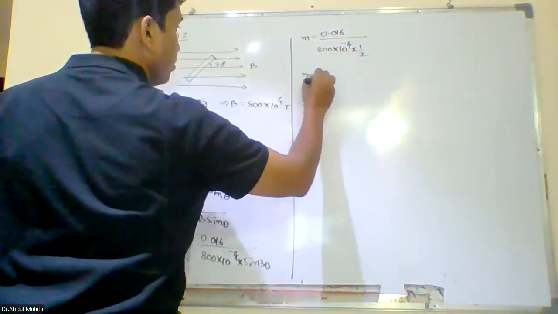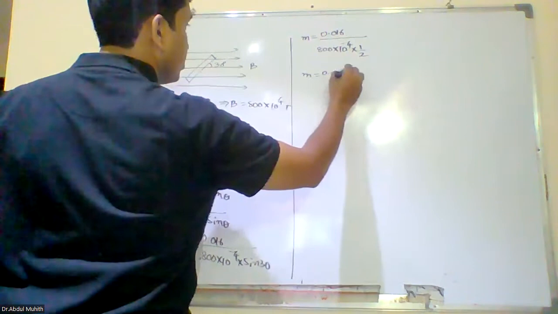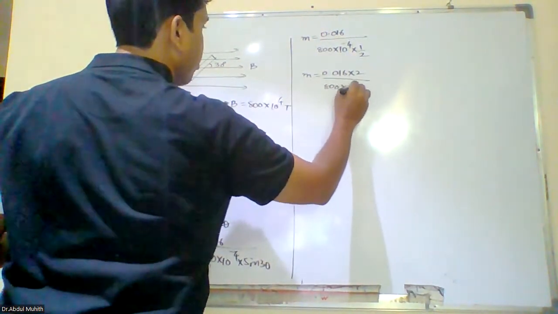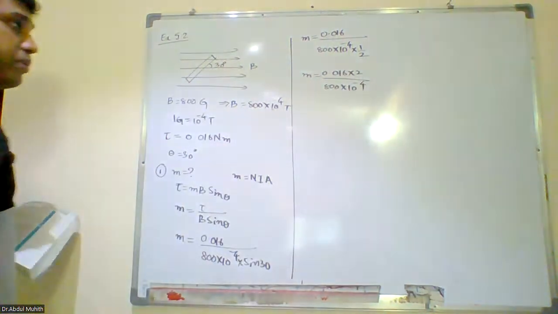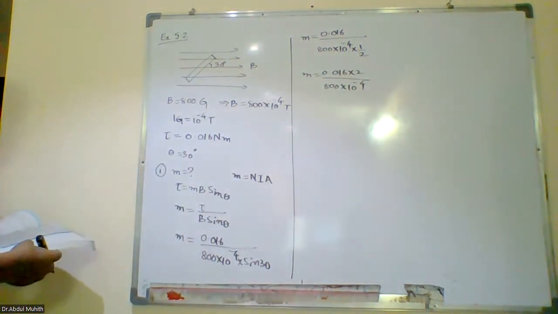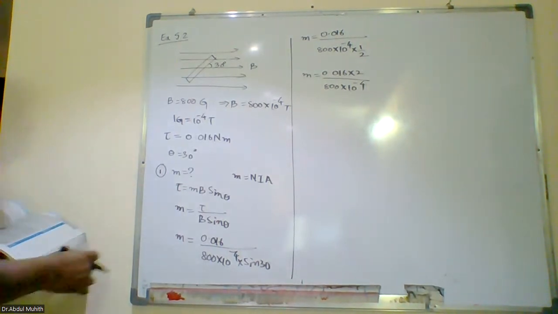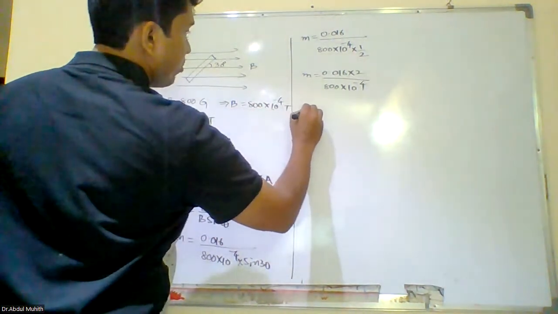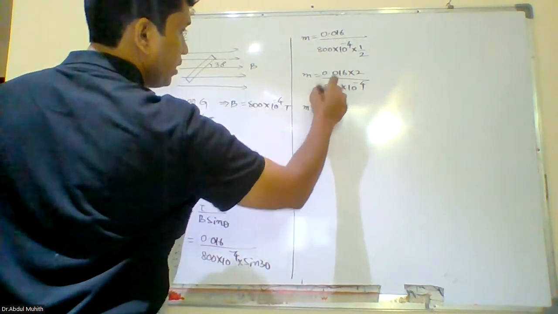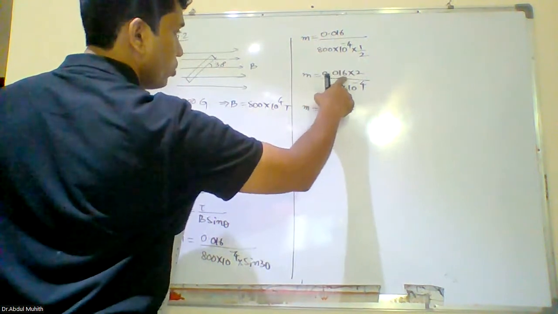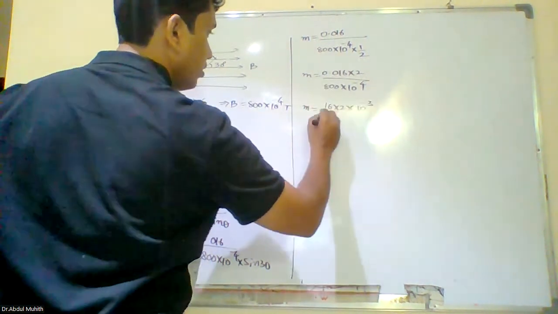So M equal to how much? 0.016 into 2 divided by 800 into 10 to the power of -4. Okay, the 2 will go up, it will become like this. Is that clear? So M equal to how much now? See here, can we write 16 into 2, and 10 to the power of -3 here?